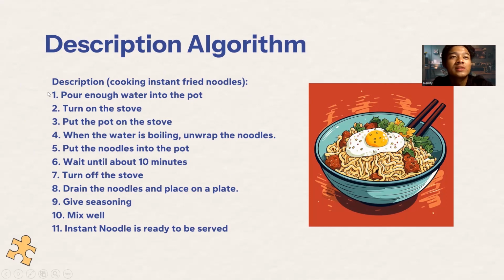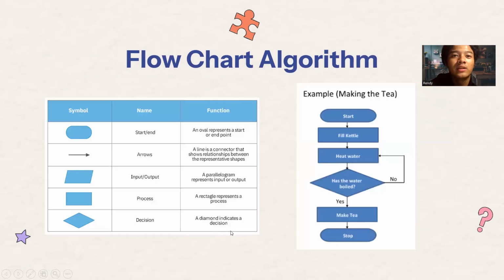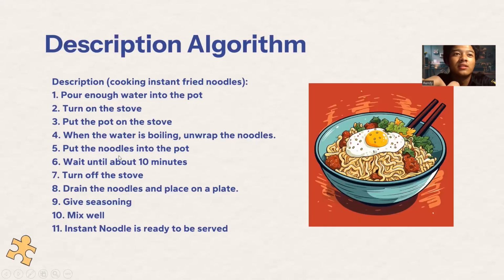The first step is to pour enough water into the pot, turn on the stove, put the pot on the stove, and so on. If we declare a description, it must be in sequence from the first step to the last step. It has to be in sequence, right?